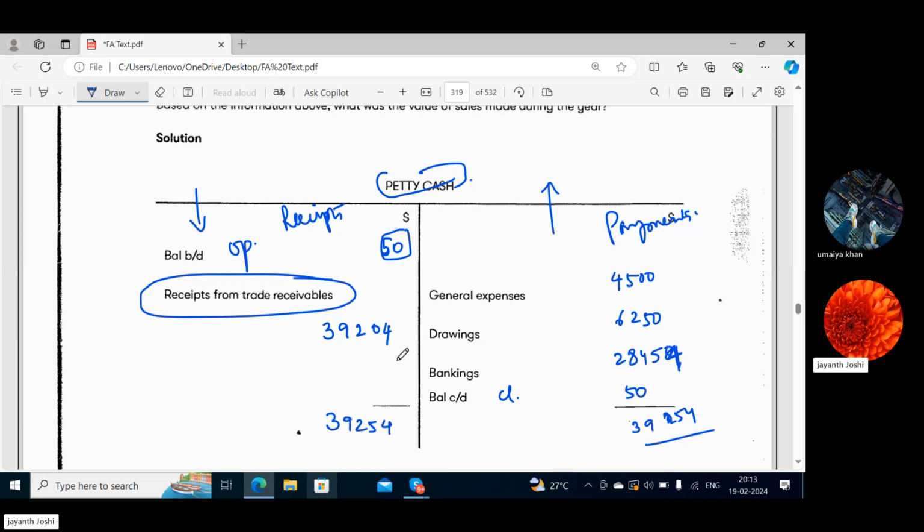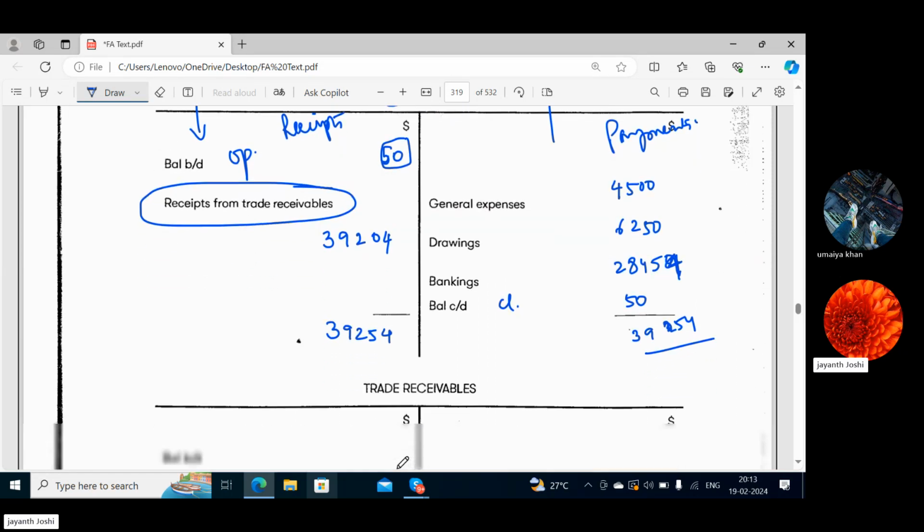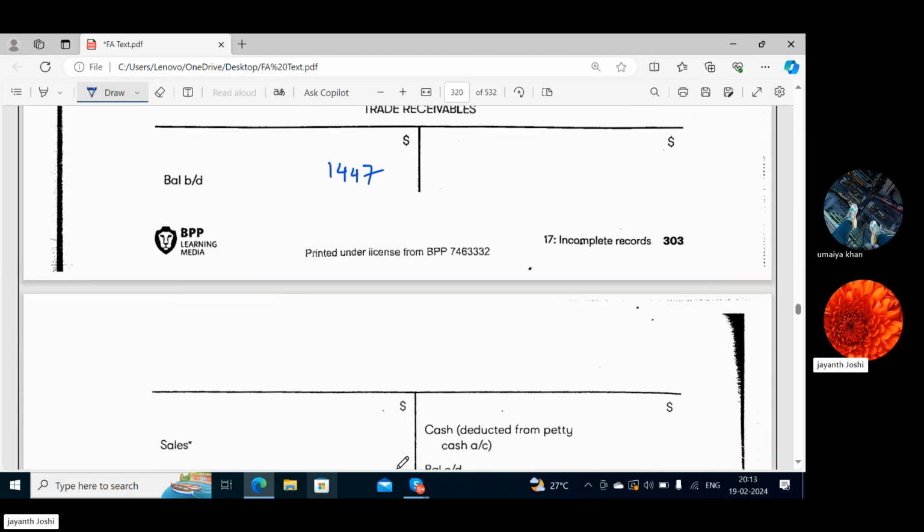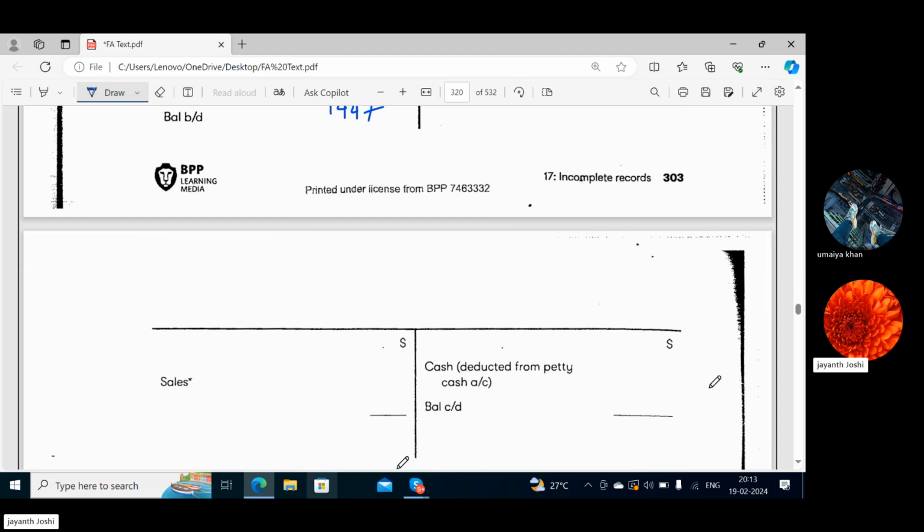Now, from this information, we have to prepare the receivables account, and that's very easy. Opening balance is given, that is 1447. Closing balance was also given, that is 1928. And cash deducted from petty cash, that means amount received from customer is 39204.